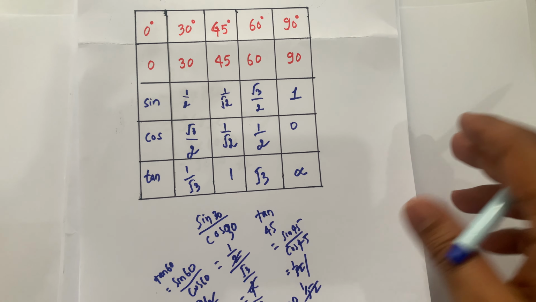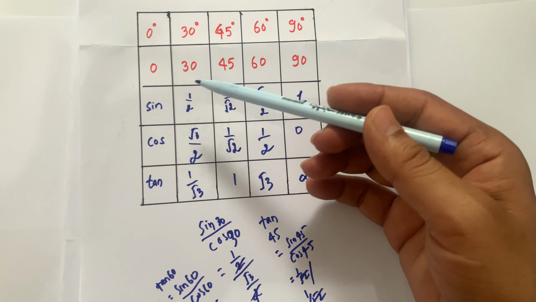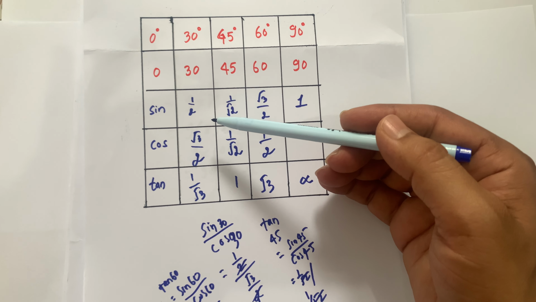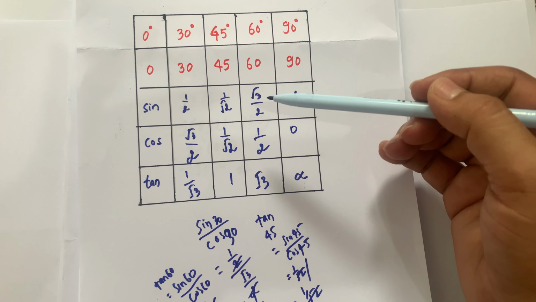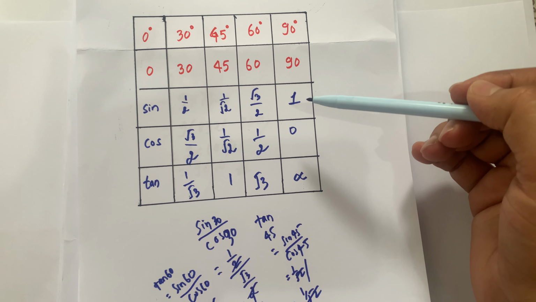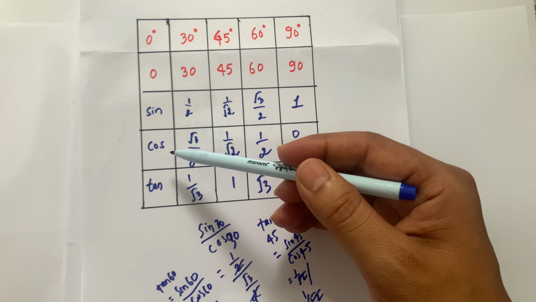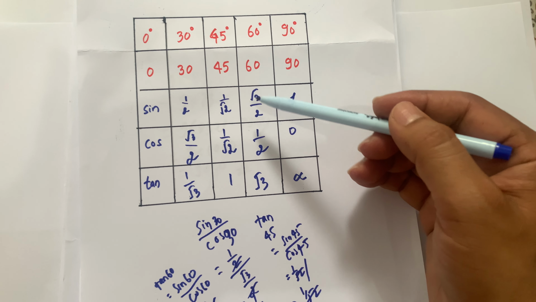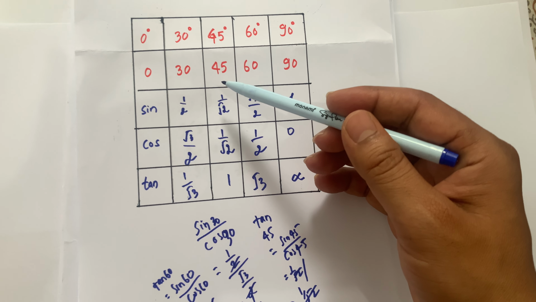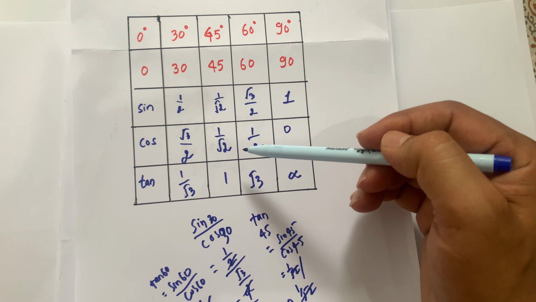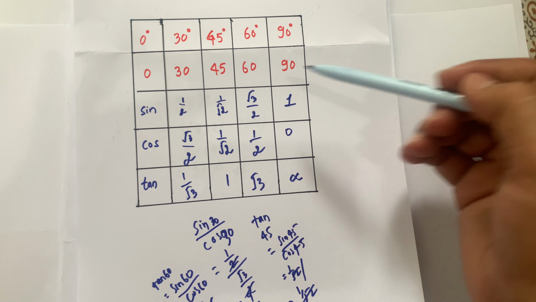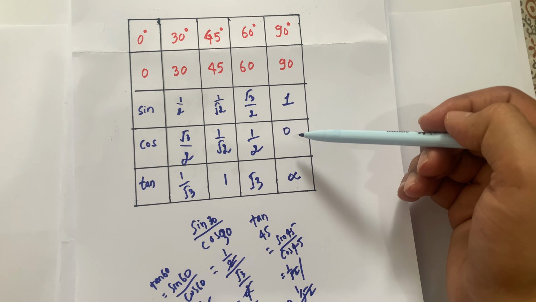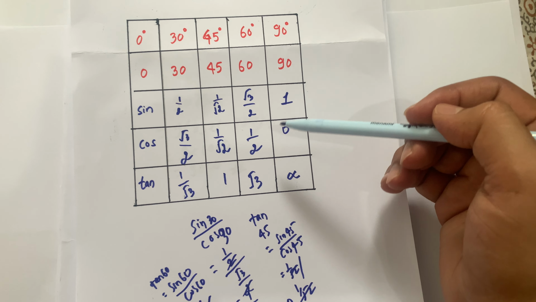Then the second question: we are going to find the trigonometric values. Sine 30 is 1 by 2, sine 45 is 1 by root 2, sine 60 is root 3 by 2, and sine 90 is 1. Then cos 30 is equal to sine 60, root 3 by 2. Cos 45 and sine 45 are the same, and cos 60 is equal to sine 30, and cos 90 is 0 and 1 for sine 90.